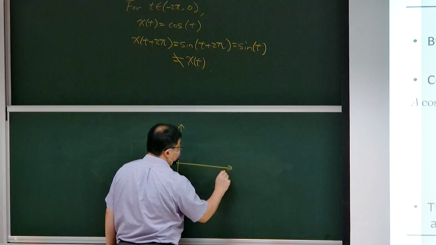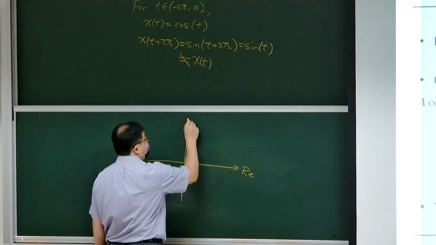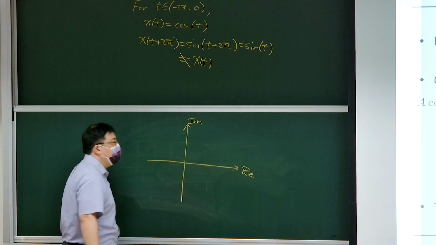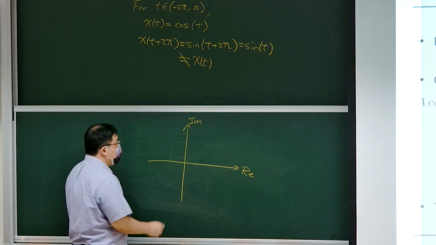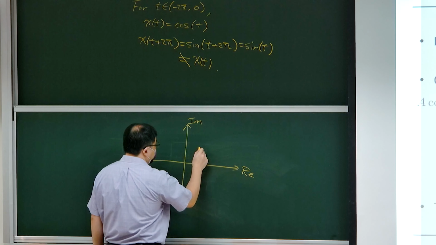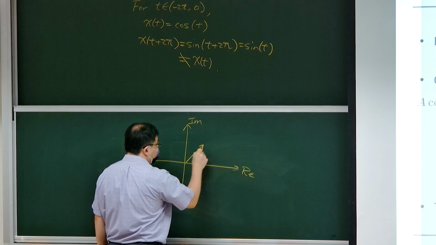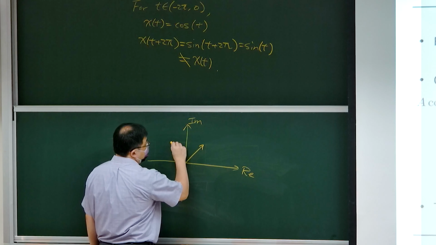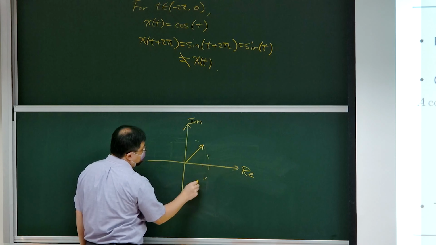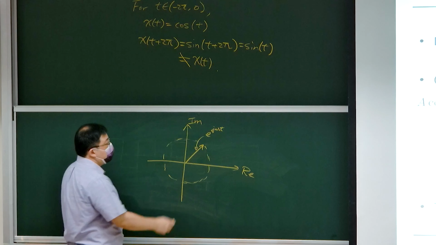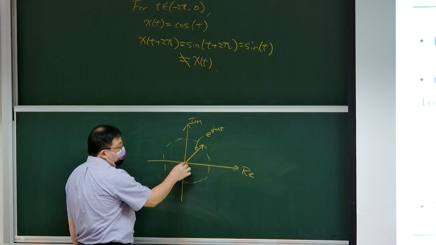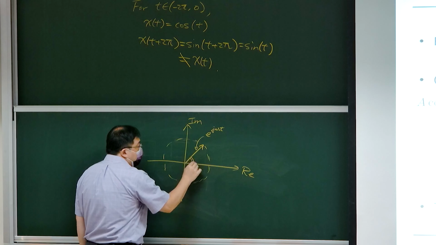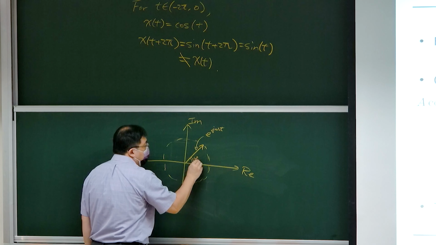So if this is the real domain and this is the imaginary domain, then e to the j omega naught t is like a vector on the unit circle. This is because e to the j omega naught t has the magnitude 1 and has an angle or phase of omega naught t.